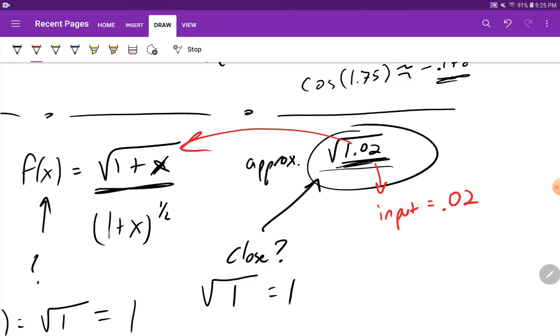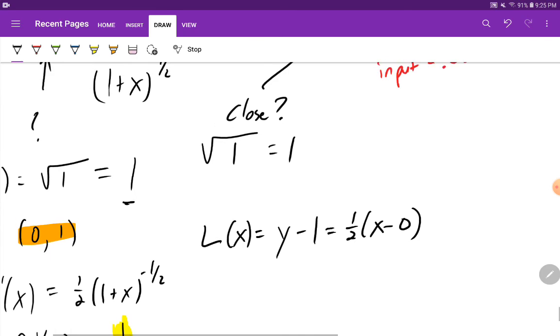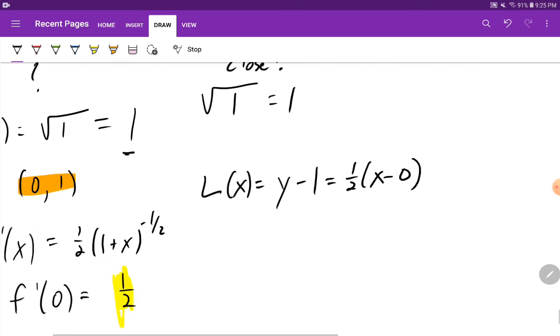Because if I plug in 0.02, that gets me root 1.02 with respect to my function, okay? So please be careful with that. If my function was root x, then yeah, that would be a different story, but it's not. So we would have to pick a different starting point. So watch out for that, definitely, for sure. All right, so I'm not plugging in 1.02, I'm plugging in 0.02.